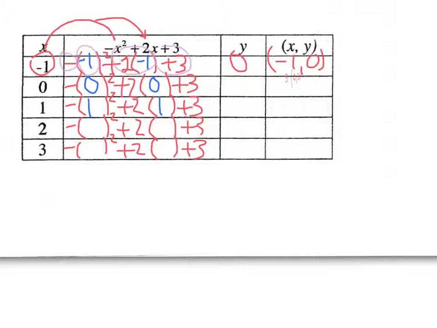Add the variable to this one, and this comes out to a 4, so this is the point 1, 4. We add the variable here, and this comes out to a 3, which gives us the point 2, 3. And we add the variable here, and we get a result of 0. And this gives us the point 3, 0.